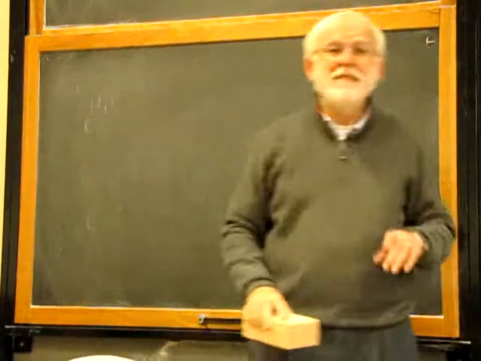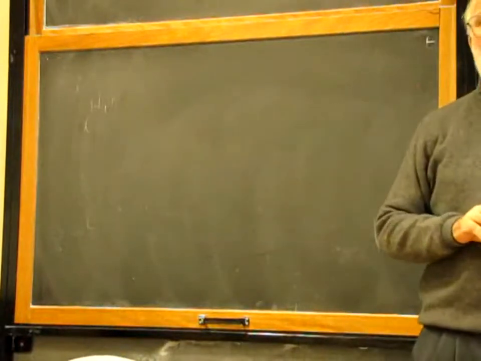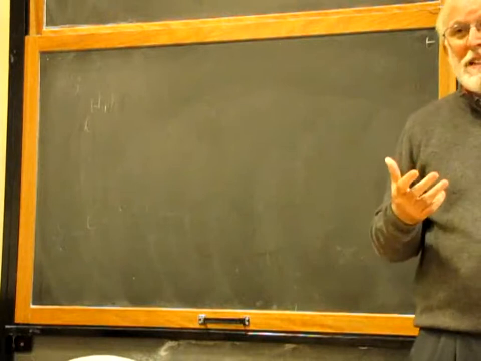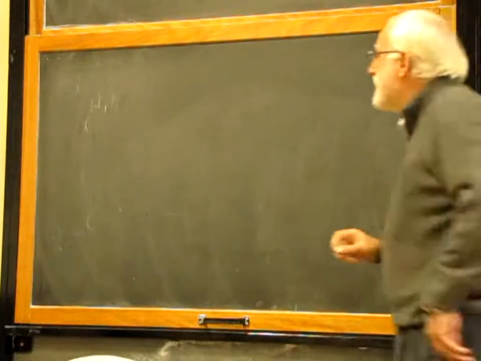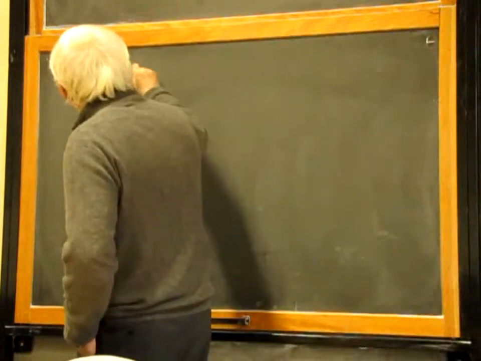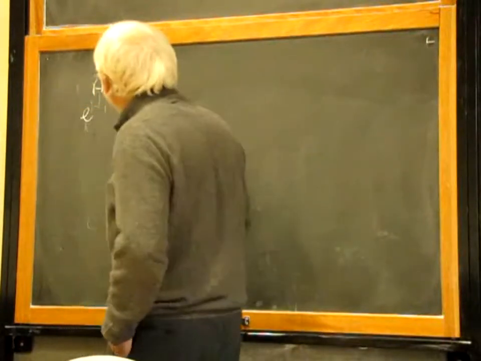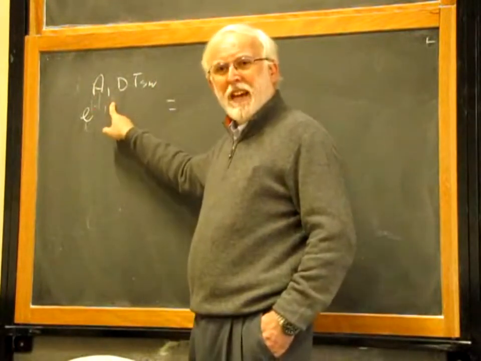But we are lucky because in this case it works. Even if mathematically speaking it's wrong, for this case it works because let's consider e to the A1 times D, discrete. Expand it in Taylor series, and what do we get?